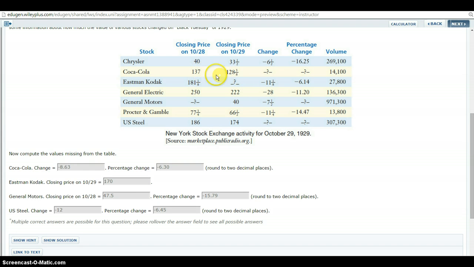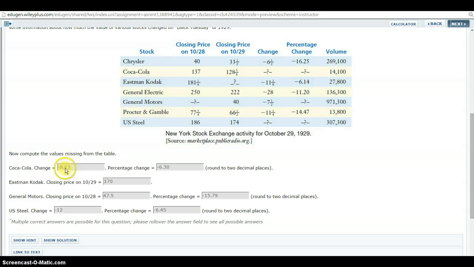So we have the change for Coca-Cola. Take this price minus the closing price the next day will give us -8 5/8, which we can convert to a decimal. Here it tells us to round to 2 decimal places. It's not clear that that's referring to this question also, but as it turns out, it is.